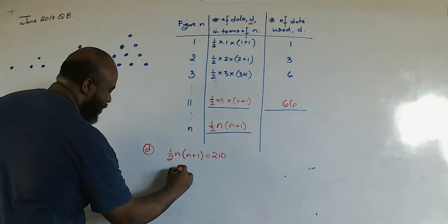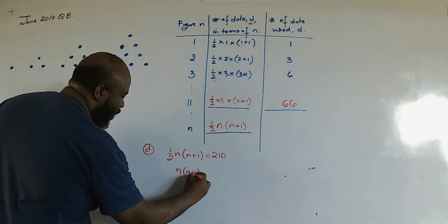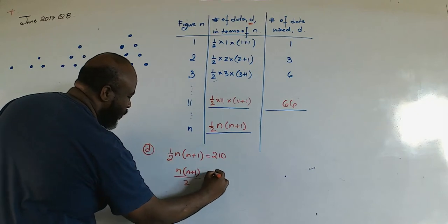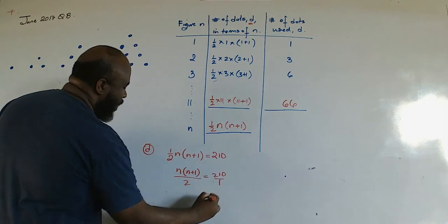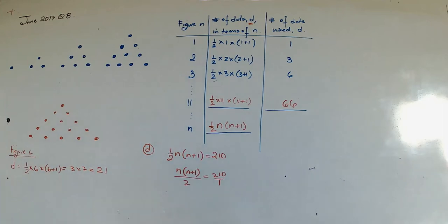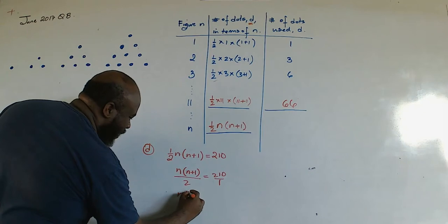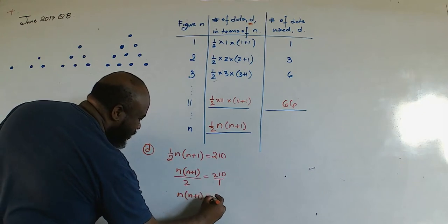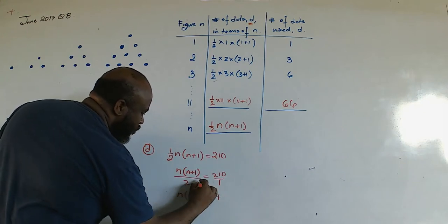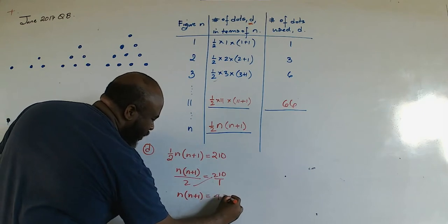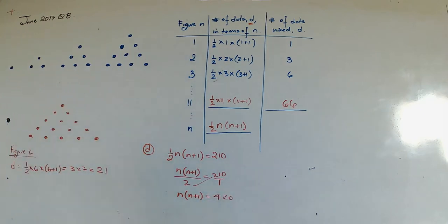This is n into n plus 1 over 2 equals 210. Cross-multiplying, n times n plus 1 is equal to 420. Do you agree?